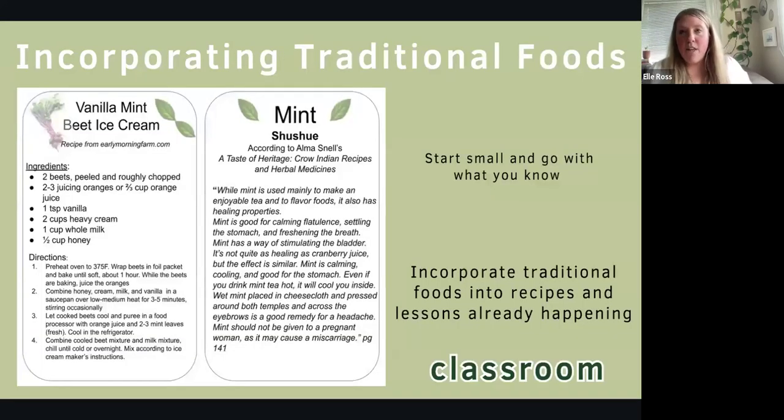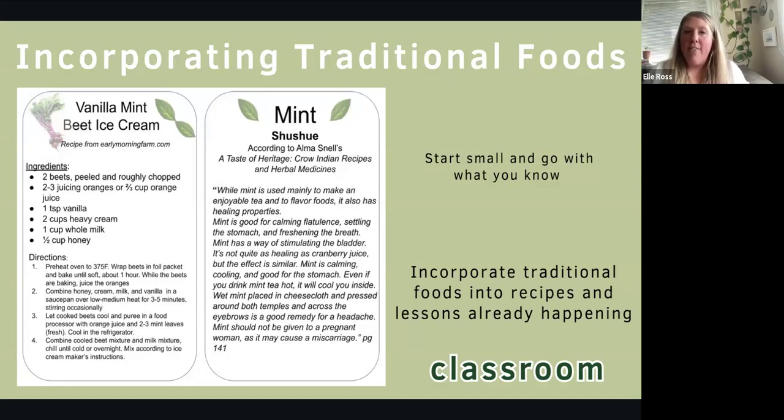So in the classroom, one of the things that we always make sure to do is start small. I didn't know how to get bison for lessons to start off with. And so one thing that we did is have Harvest of the Month in our schools, going with the recipes that we already know, and then incorporating a much lower lift like mint, something that we had in the garden, something that grows around here.